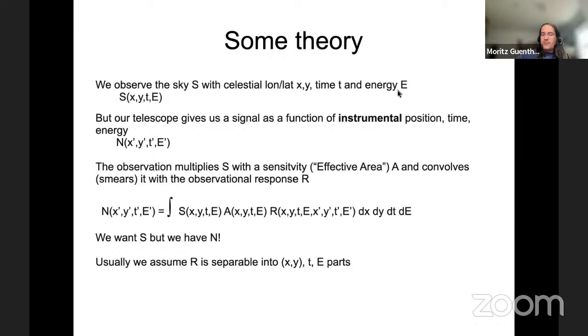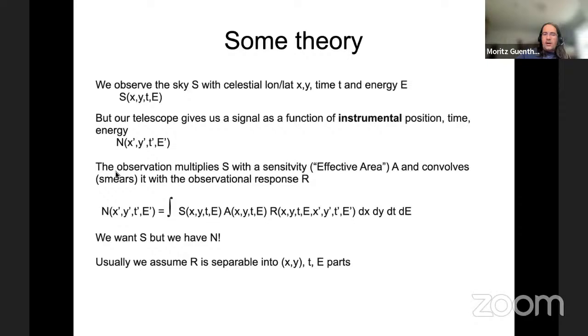But that's not the same as what we see, because what we see is a number of photons counted, and things have happened in between. For example, the telescope doesn't detect every photon. Some photons just hit a speck of dust on the mirror, or some photons hit a chip gap, or some photons just don't get reflected because mirrors aren't perfect, and some photons are absorbed.